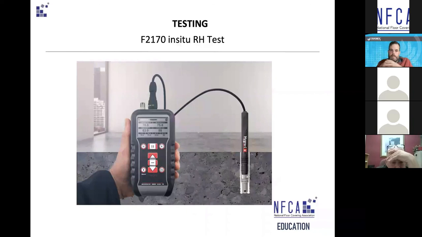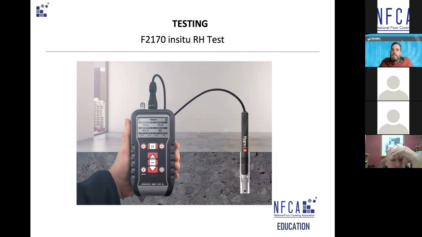But 85% RH, if it's at the surface, is the same as 10 degrees from dew point. Because for every degree Fahrenheit that you drop, the relative humidity goes up by 1.5%. So this is where the science just leaves the understanding.